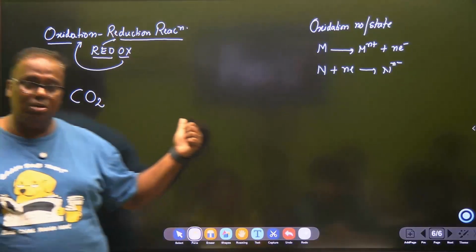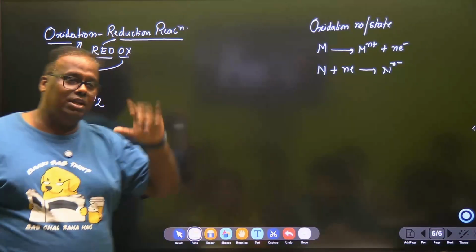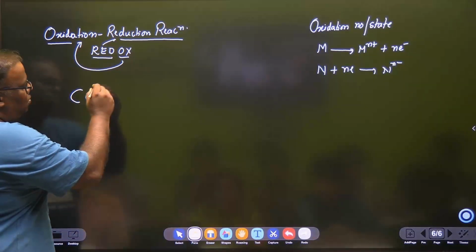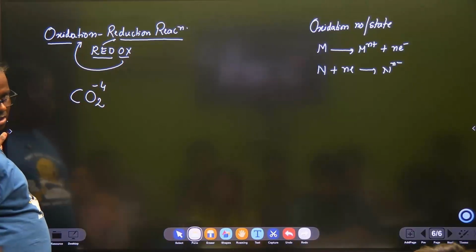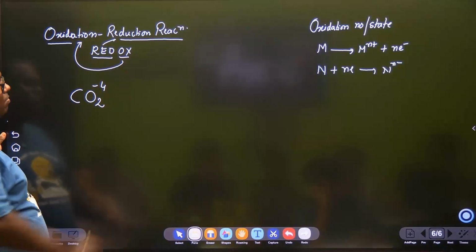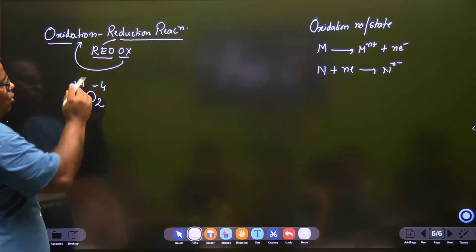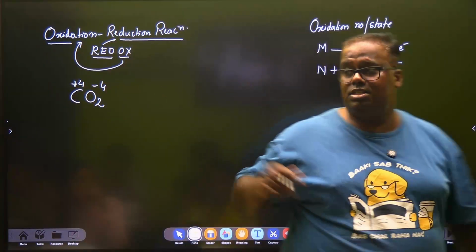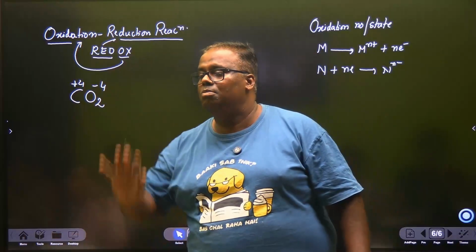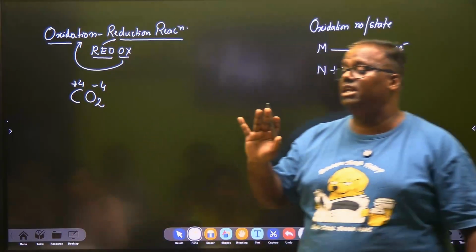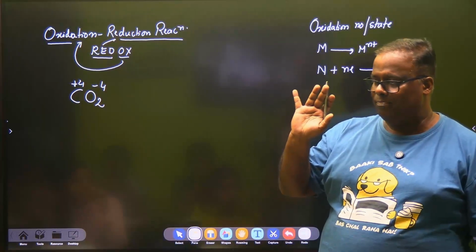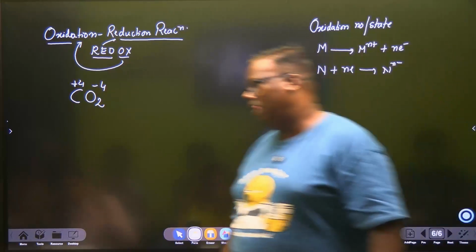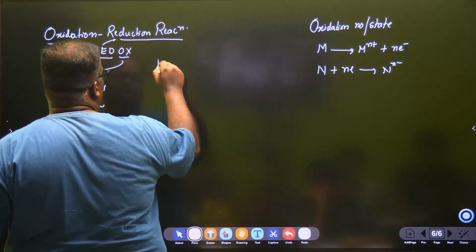So how many total minuses? 4 minuses, which have been contributed by oxygen. So carbon must come here with +4. Only then it will be 0. So the oxidation state of carbon here is +4. Have you understood? Okay.